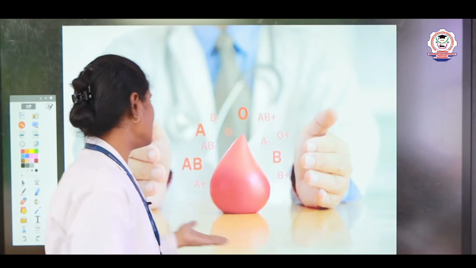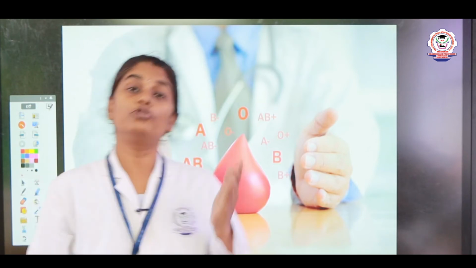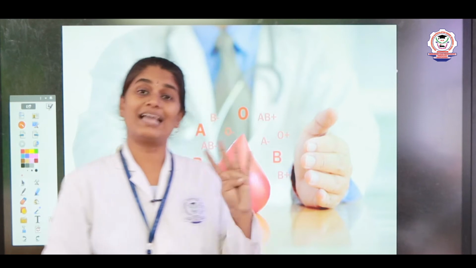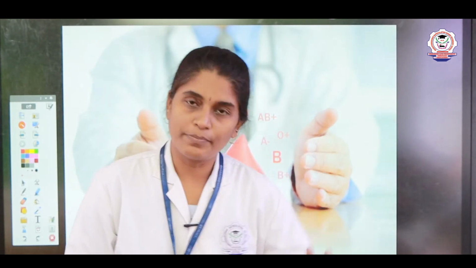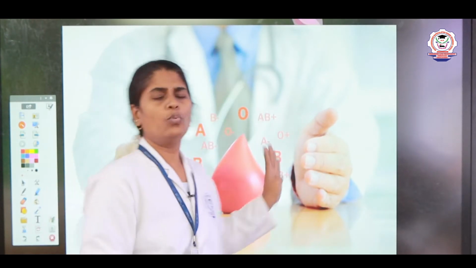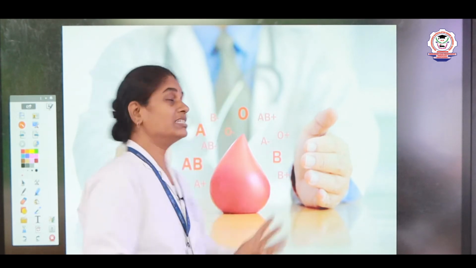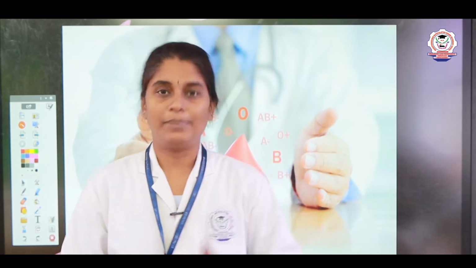Now let us see that the blood in the human body is of four types. We can classify the blood according to the antigens and antibodies in the human body into four types. What is an antigen and what is an antibody? Antigens are the foreign substances that are present in our blood, right.